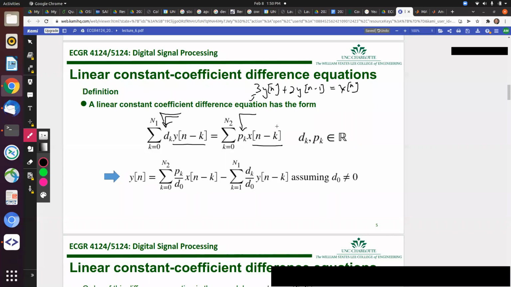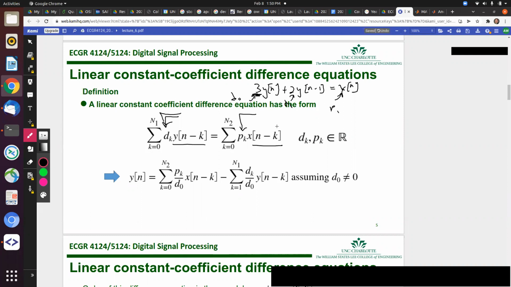This one here is d0. This coefficient here is d1, and this one here is p1, right? So this is a difference equation that fits into this model. When we did the block diagram for it, we did it purposefully incorrectly.